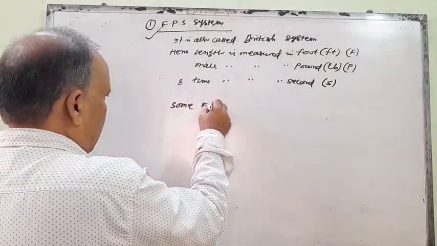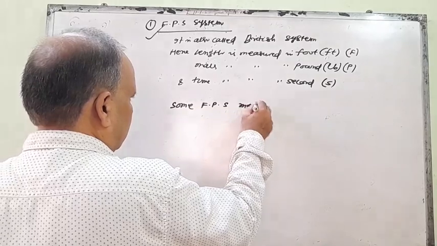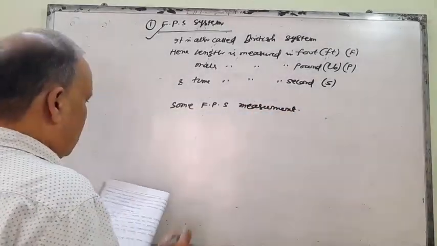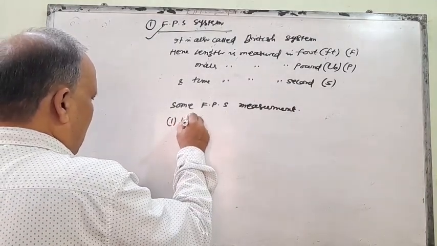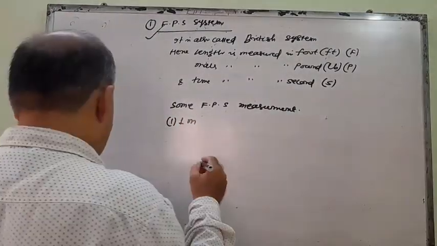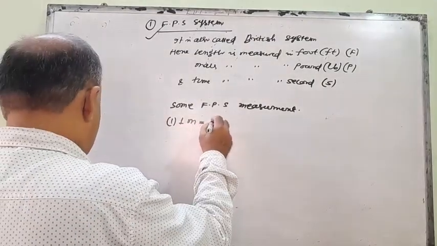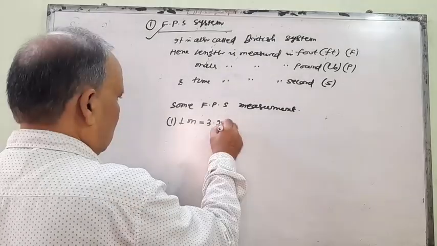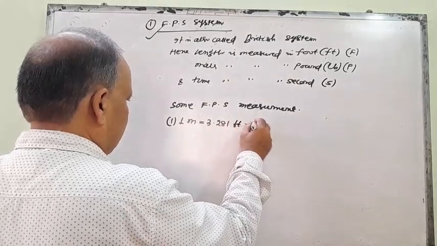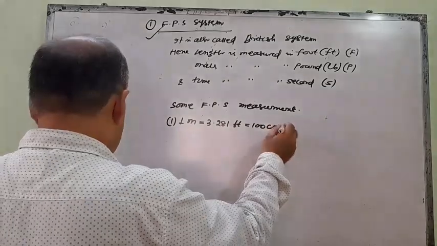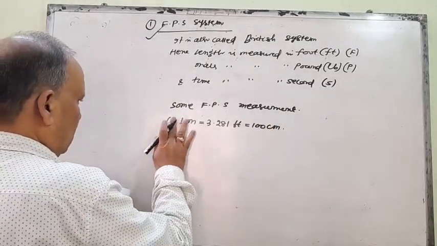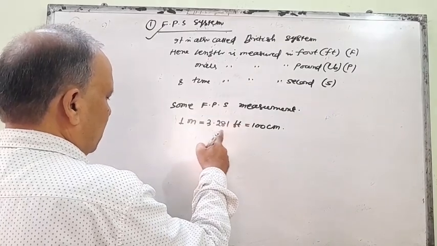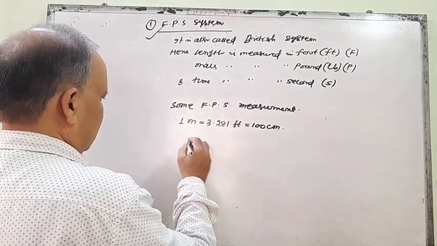First you see 1 meter. 1 meter is equal to, you remember, 3.281 feet, that is equal to 100 centimeter. Or we can write 3.30.